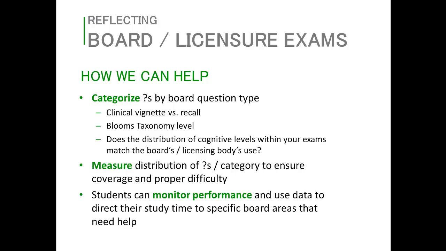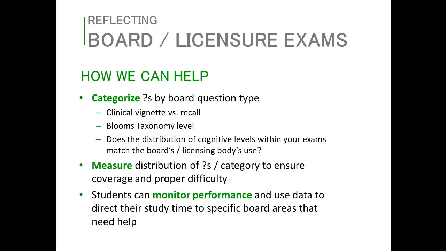Are the cognitive levels within your exams matching the licensing body's use, in the sense that maybe they're going to have 10, 20% knowledge, recall level type questions, and the rest are going to be application, synthesis, analysis, evaluation, and so on? You can take a look at that internally and say, hey, are we matching up with this or not?